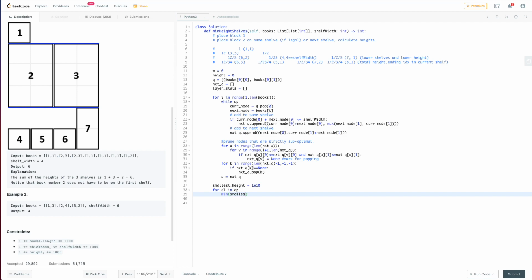Anyway, minimum of smallest height, comma, element of its height, which is going to be 1.